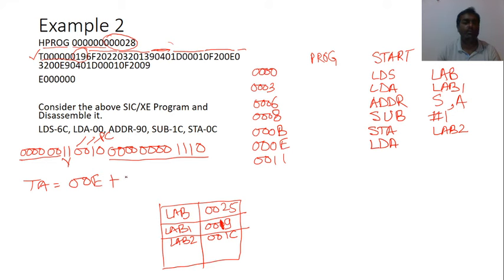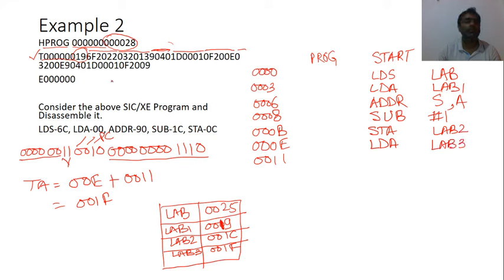So the next address will be the content of PC plus 0011, so it will be 001F. So our label is present at 001F. I am just taking the name of that label as lab3 at address 001F. What is the instruction here? LDA, and the label is lab3, so it will be LDA lab3.